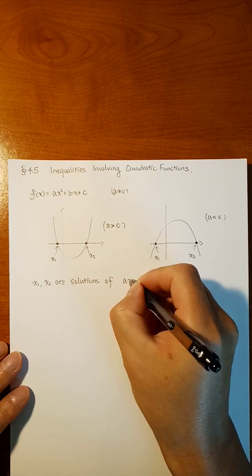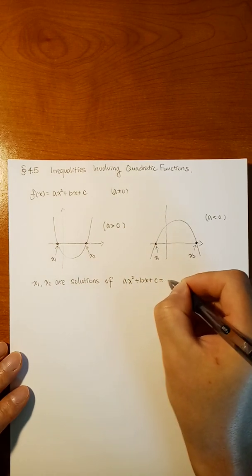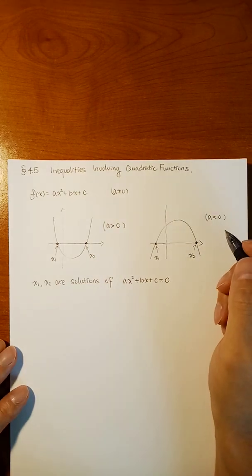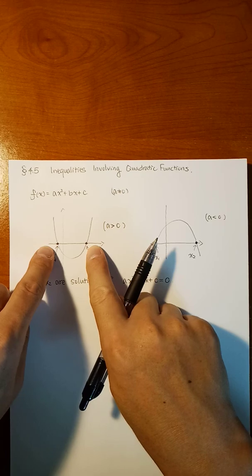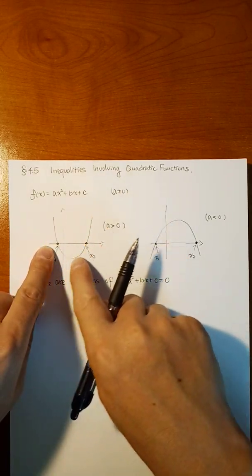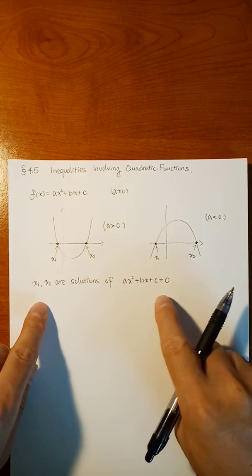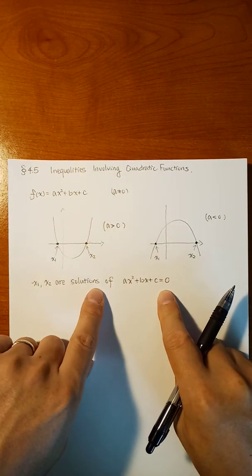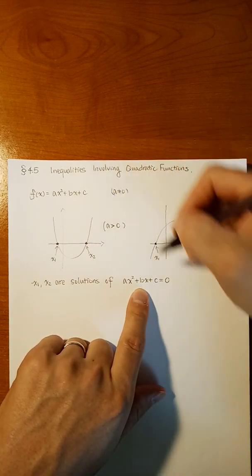What quadratic equation? ax squared plus bx plus c equal to 0. The graph is called a parabola. The intersection of the parabola with the x-axis will give us the solution of the original quadratic equation.